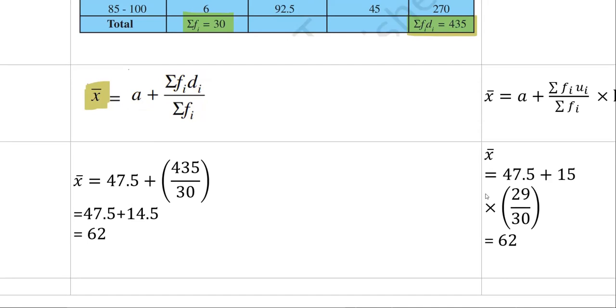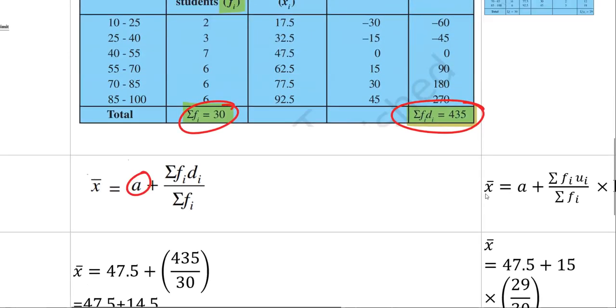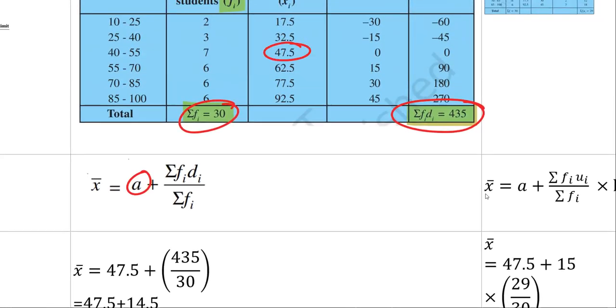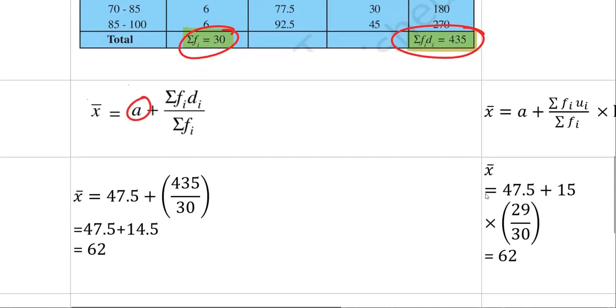If you can see here, we have sigma fi di is this, and sigma fi is this. The assumed mean we have taken as 47.5, and as I told you, 47.5 is this middle value. Now, let's calculate this value. In this case, we are going to simply place these values.